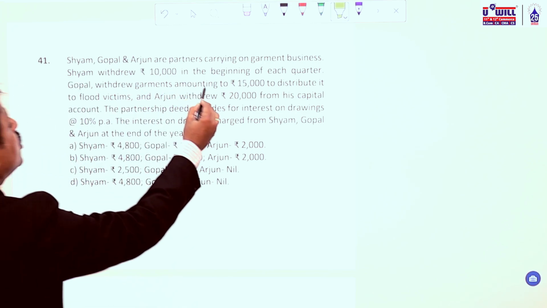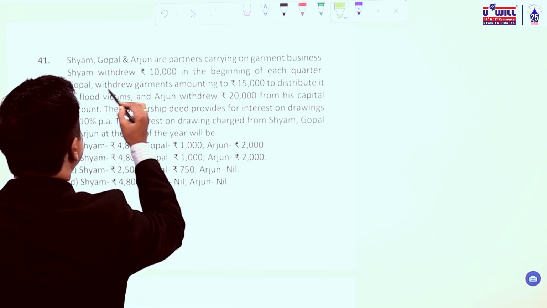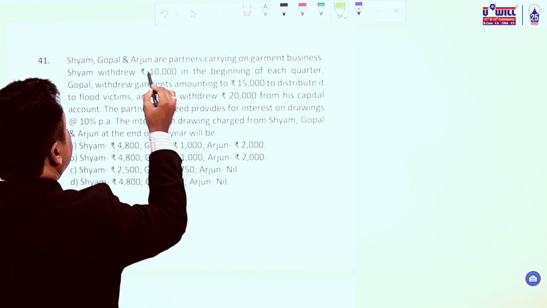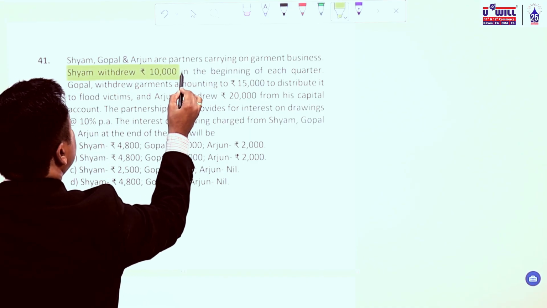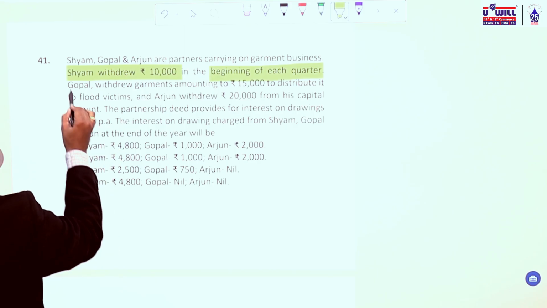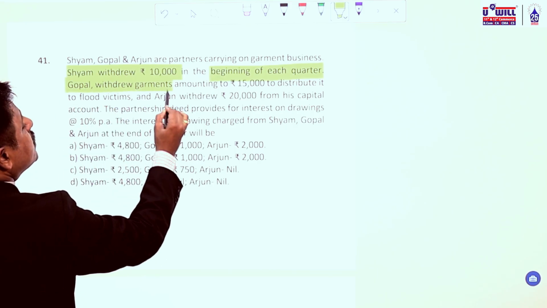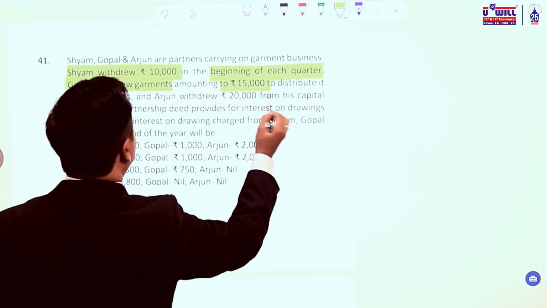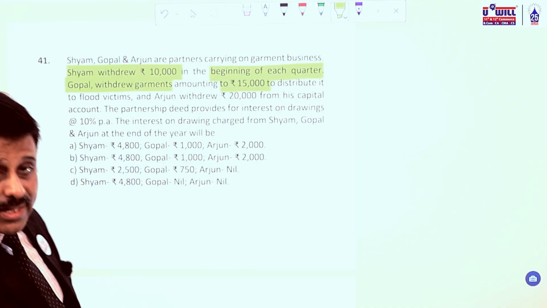Shyam, Gopal and Arjun are partners carrying on a garment business. Shyam has withdrawn 10,000 in the beginning of each quarter. Gopal has withdrawn garments amounting to 15,000 to distribute to flood victims.